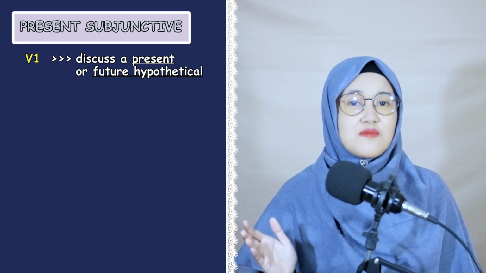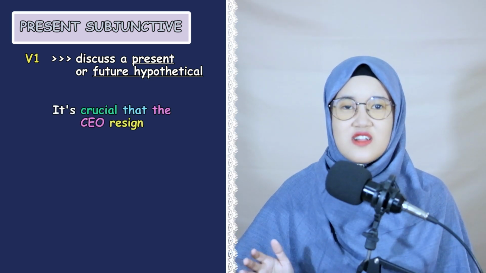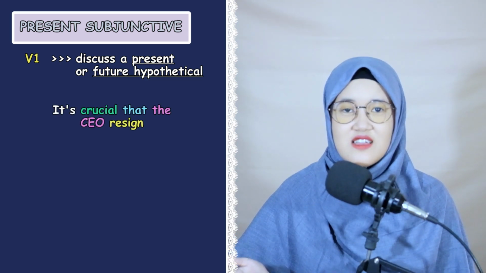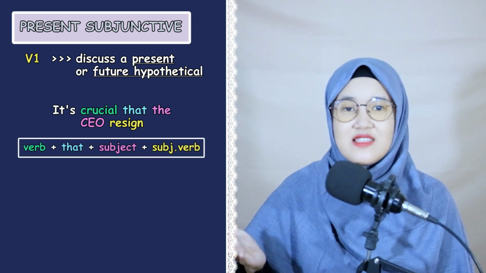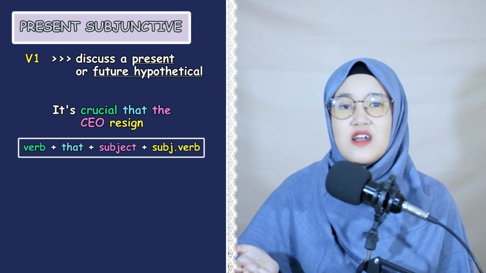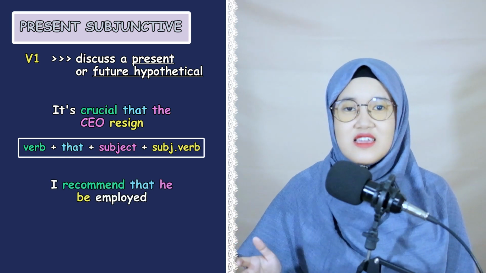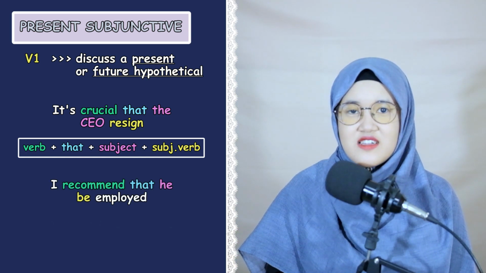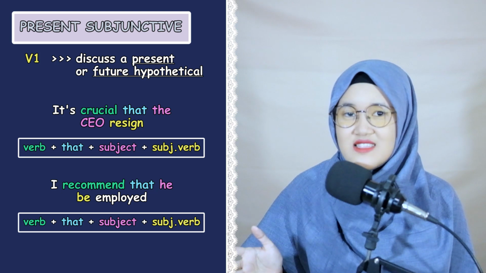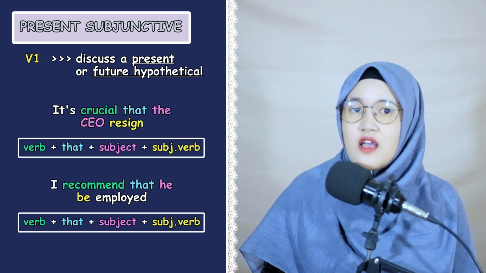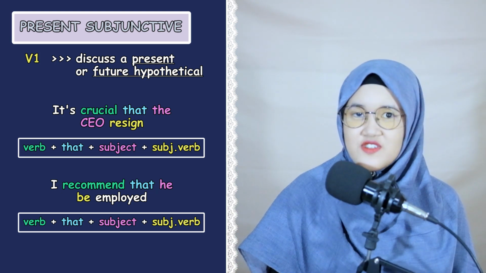Let's do it with some examples. It is crucial that the CEO resign. Verb plus that plus subject plus subjunctive verb. I recommend that he be employed. Verb, that, subject, subjunctive verb.